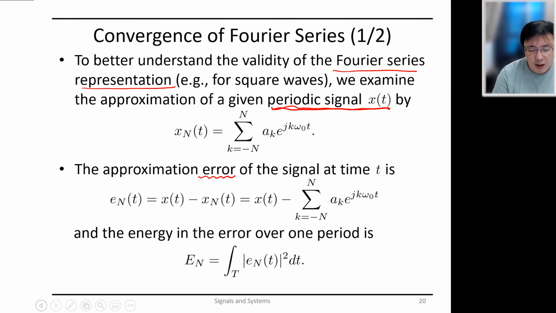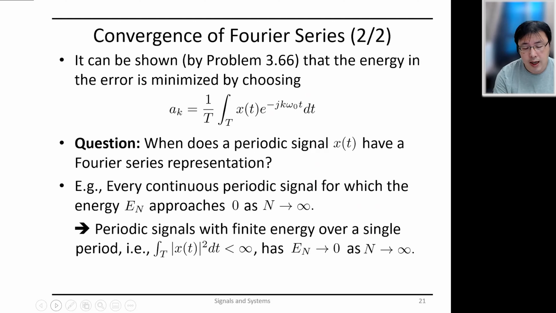Now suppose that you use this energy of the error to measure how close two signals x of t and x of N of t are. Now for finite capital N, you can show, actually this is in problem 3.66, that the energy in the error is minimized if you choose a_k according to this formula here.